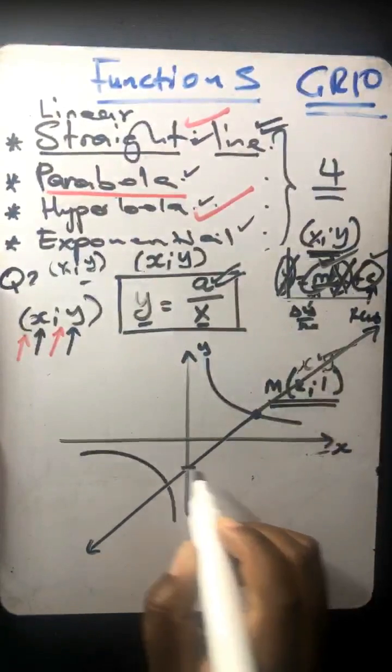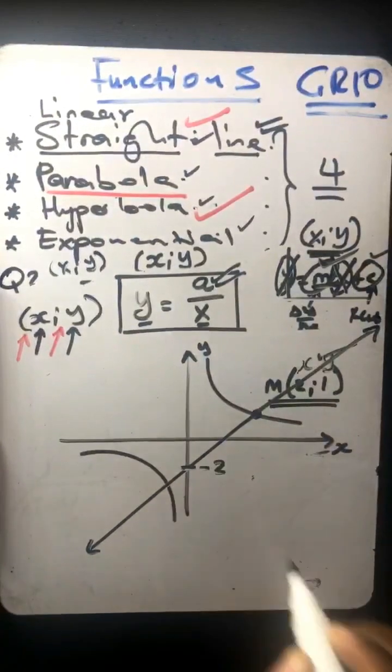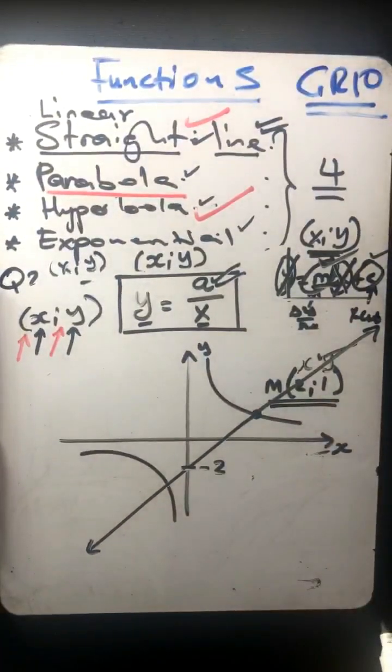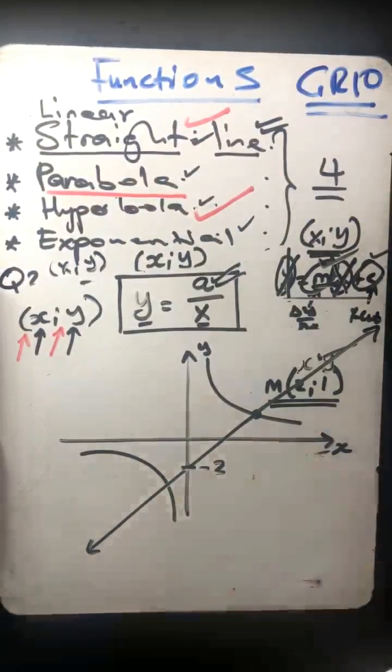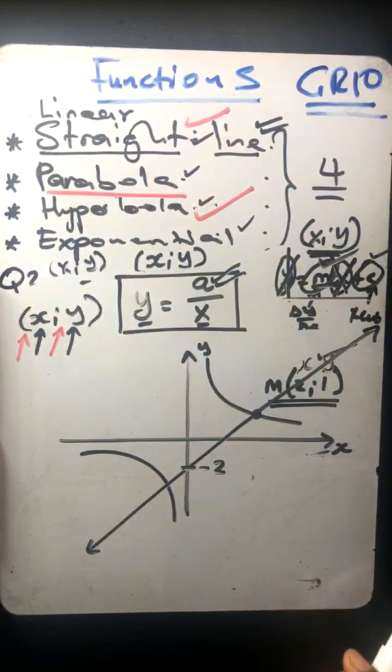Maybe they give you that point there and they say that point is -2, and they ask you questions based on that. This is where it gets interesting. So that is why I had to encourage everyone to attend this lesson, because it builds up from this simple information.